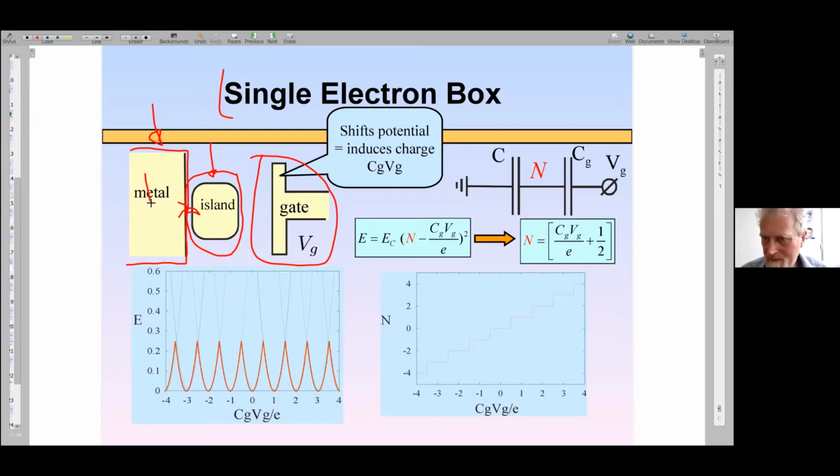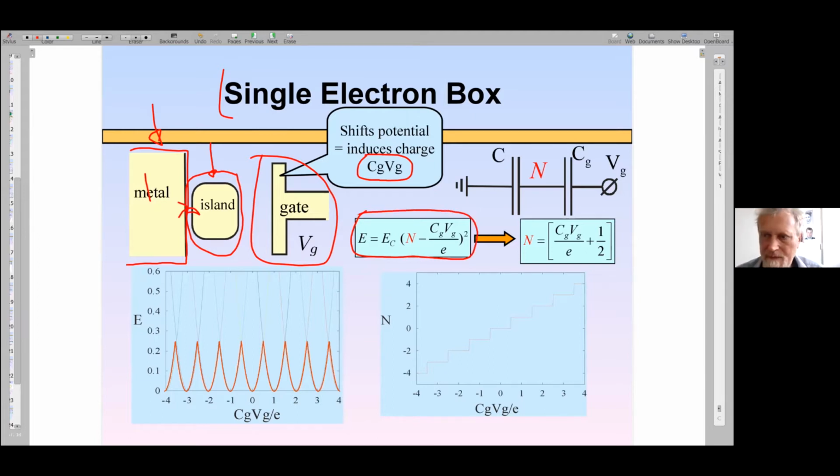However, it cannot be bigger continuously. It cannot be like this. In that case, we would have the smallest electrostatic energy, right? This can be written as this energy.